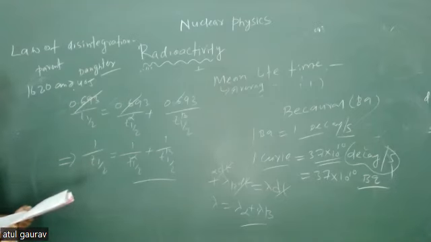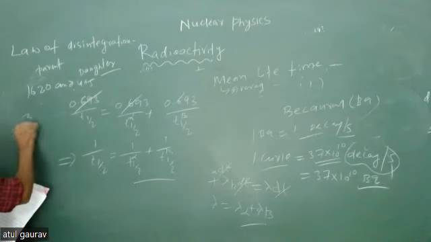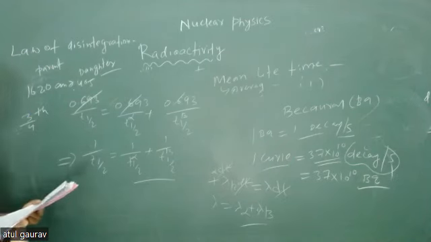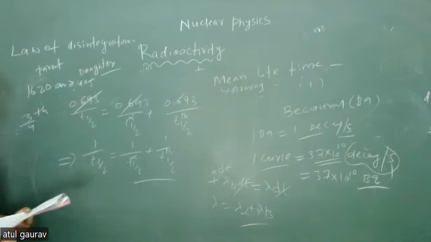Find the time during which three-fourth of a sample will decay if it is decaying both by alpha and beta emissions respectively.